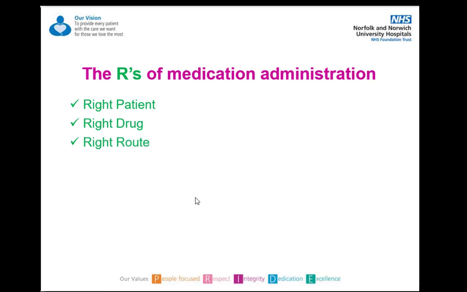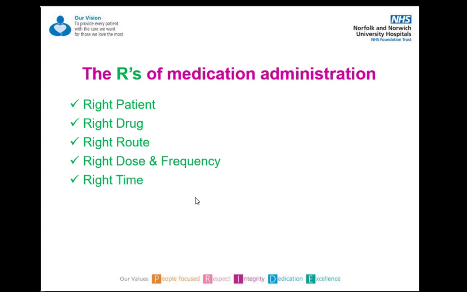The right route. That the medication is prescribed to be given the correct way as recommended by the manufacturer, pharmaceutical guidelines and medicinal resources such as the British National Formulary, or BNF as it is also known. This is the same for the right dose and frequency, as well as the right time.